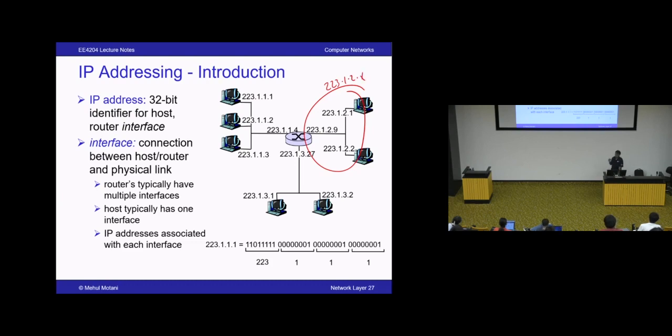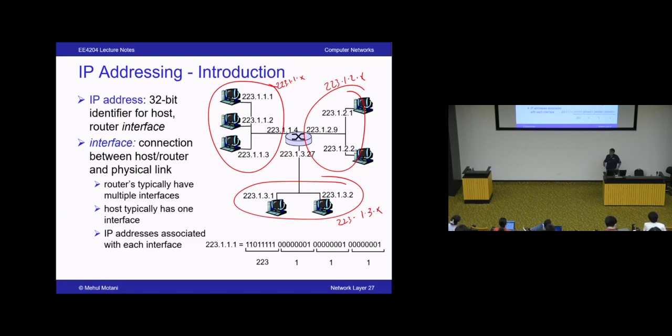All the IP addresses are of this form. Okay? How about this one? This is 223.1.3, right? And this is .3.x, right? So you could already see the structure, okay?